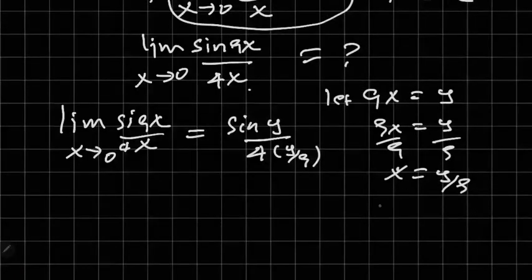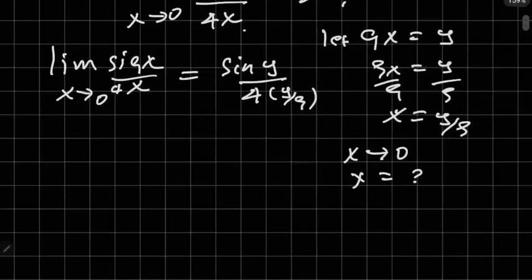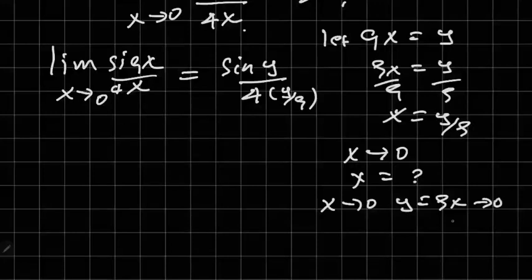But there's one thing you should note. As x goes to 0, what would happen to y? Is this going to the same 0 or some other number? As x goes to 0, our y, which is 9x, also goes to 0.